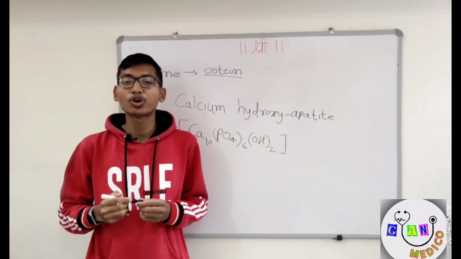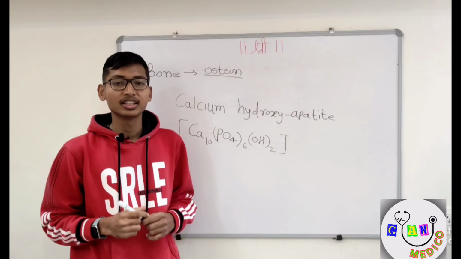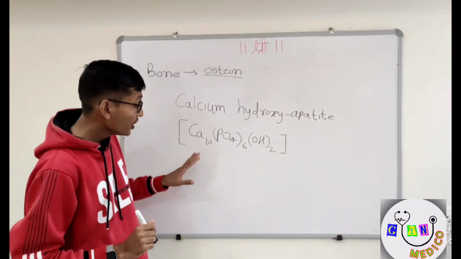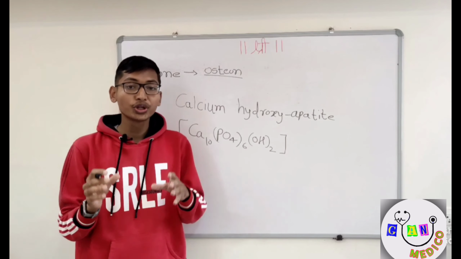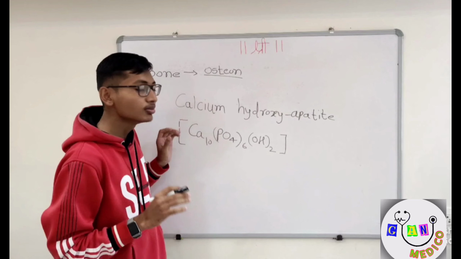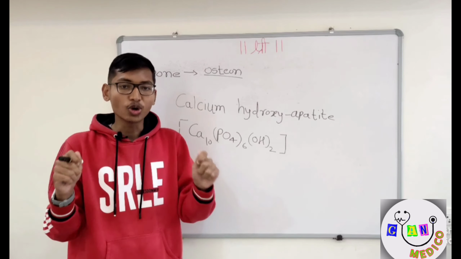The inorganic calcium salt is calcium hydroxyapatite. Its formula is this. If it is separated by putting the bone into acid, then it becomes flexible and can be tied as a knot.